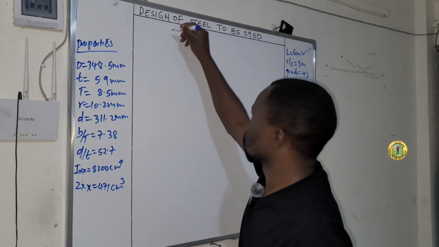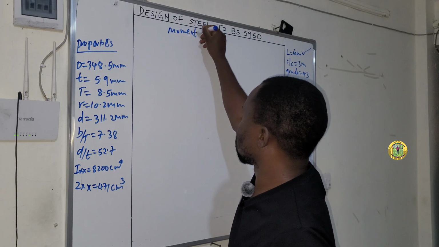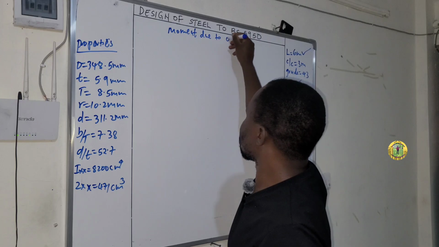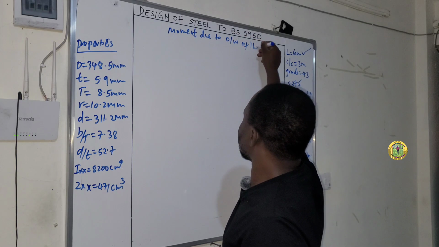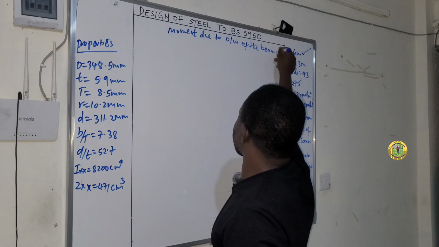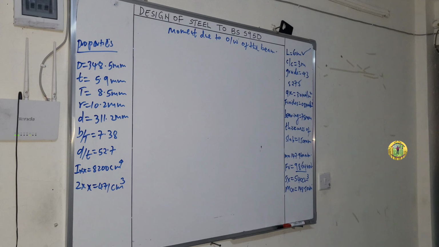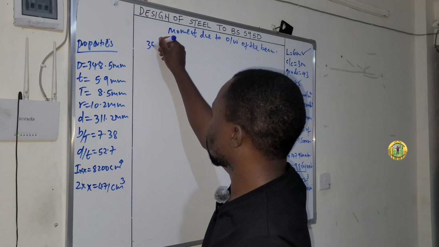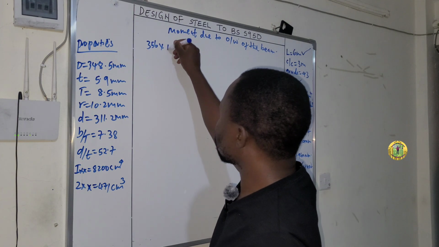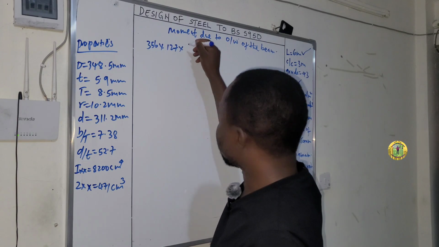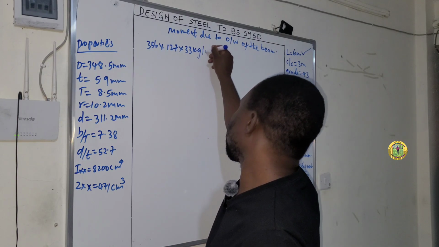So moment due to own weight of the beam. Remember, our section was 356 by 127 by 33 kilogram per meter.